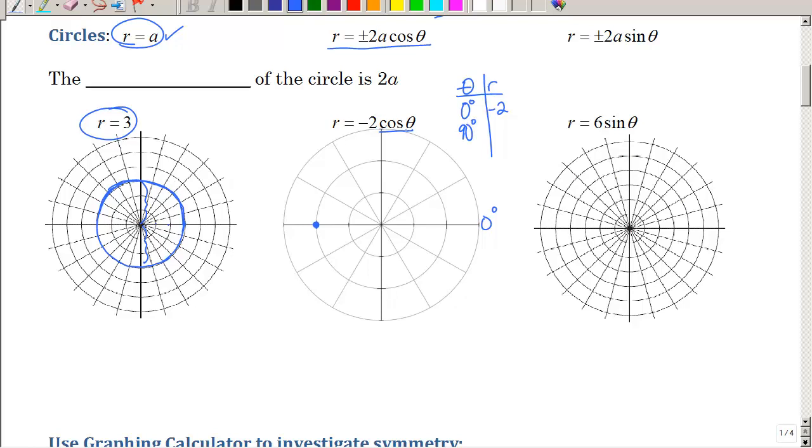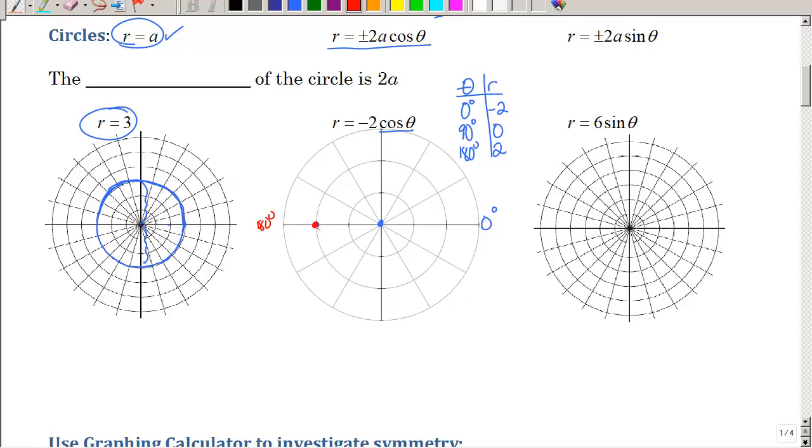The cosine of 90 is 0, so at 90 degrees, we're at the pole. Remember, we call the origin the pole. At 180 degrees, the cosine of 180 is negative 1 times negative 2, which is positive 2. Here's 180 degrees, and if I go toward that, that's that same point.